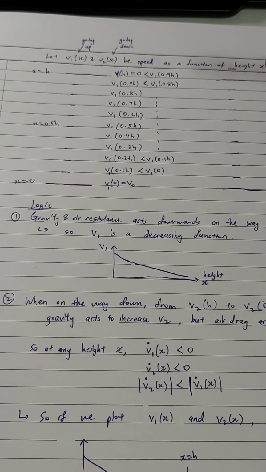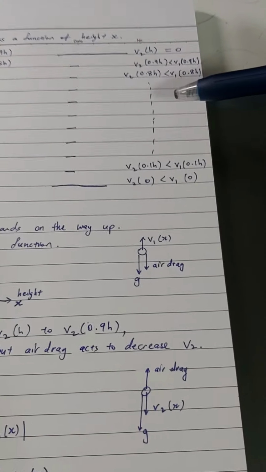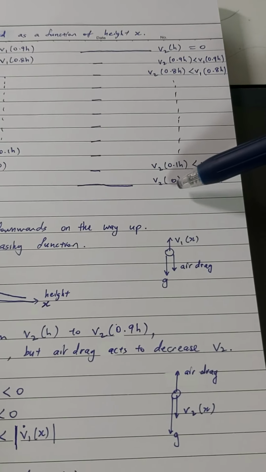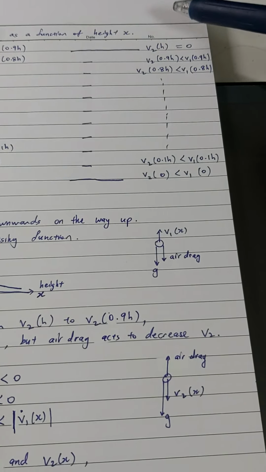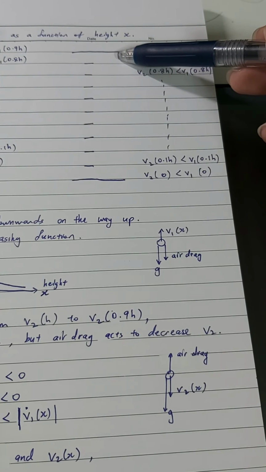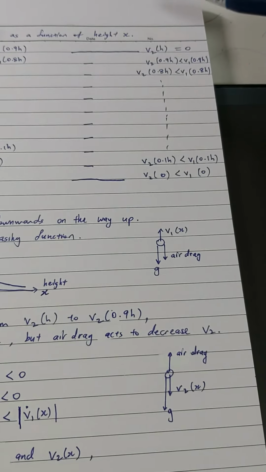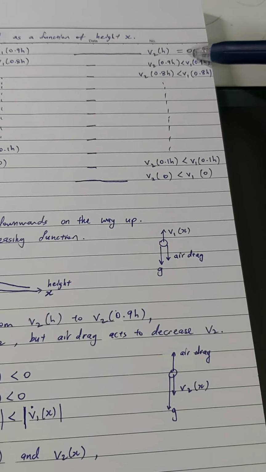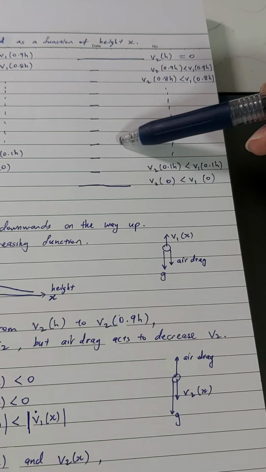Then we also know that v2 is a decreasing function of height, because v2 starts from the top of the journey, where at height h it equals 0, and as it comes down, it speeds up faster and faster.